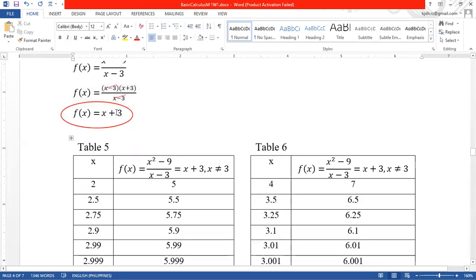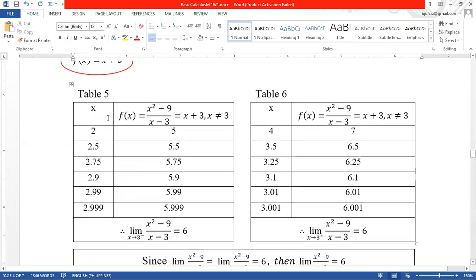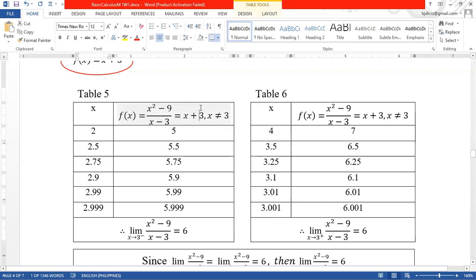That x plus 3 is the f of x we will now use in our table of values. That is where we substitute their values. So here 2. 2 substituted to x. So x is 2, 2 plus 3 is equal to 5.